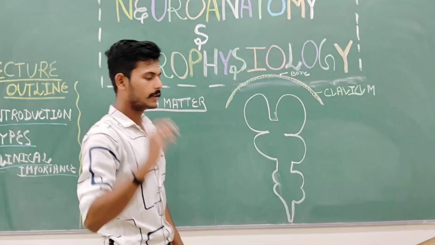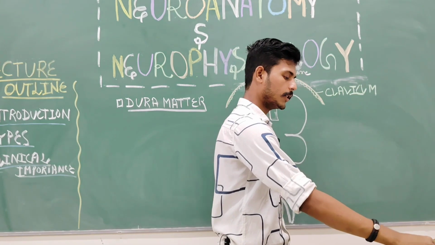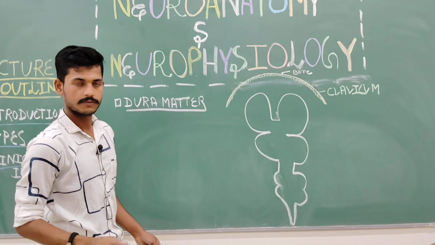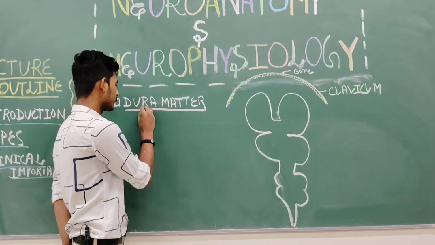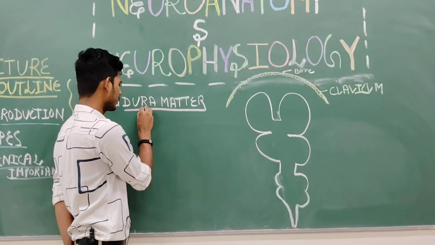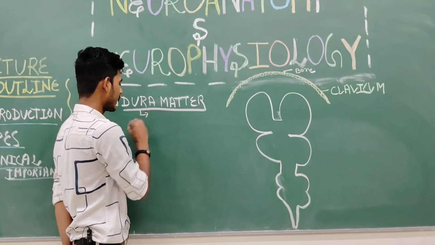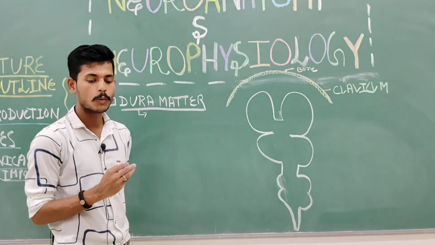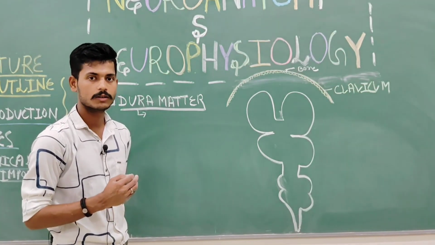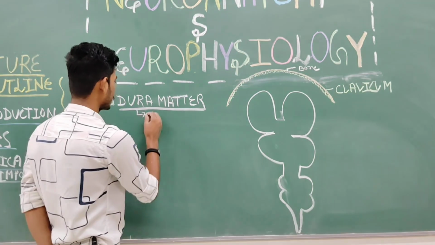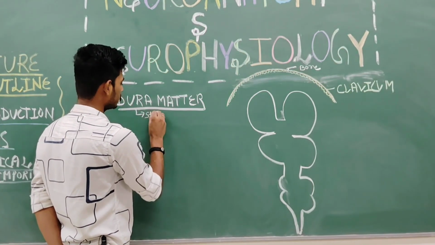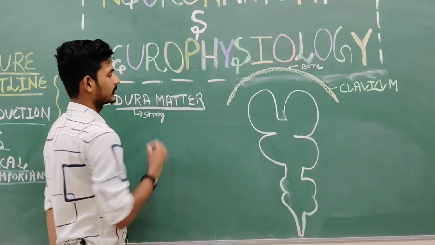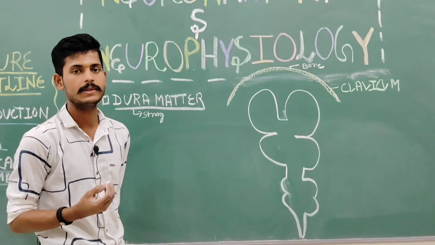Now, the thing you should remember about the dura mater, first of all, is its name. Dura means what? You use this word in your common lifestyle, durable, meaning more reliable, more strong. So dura means strong, and mater means mother.